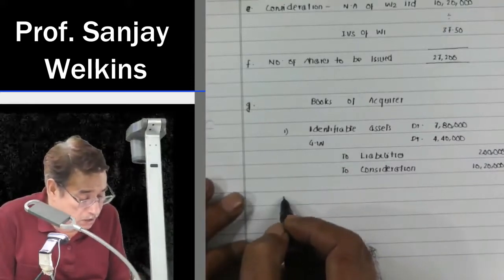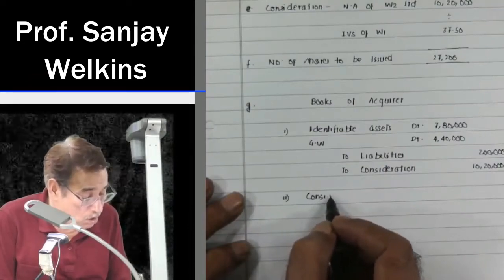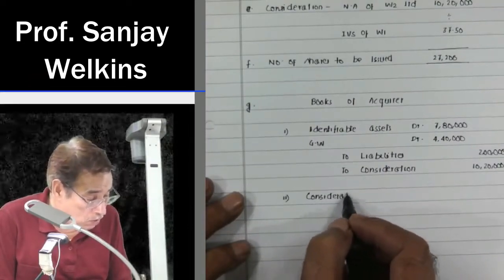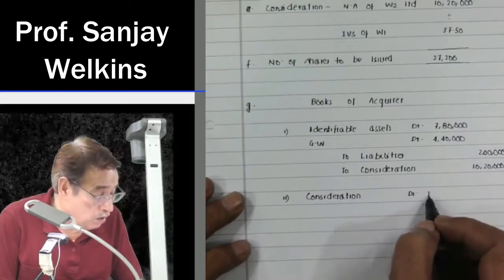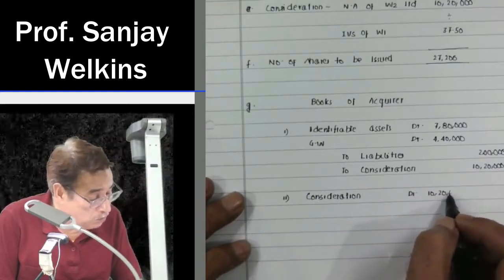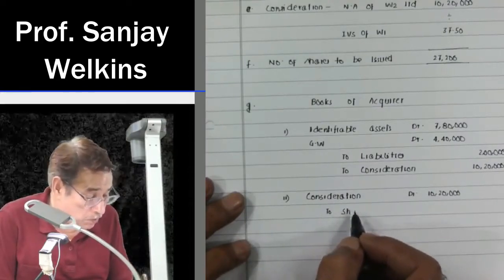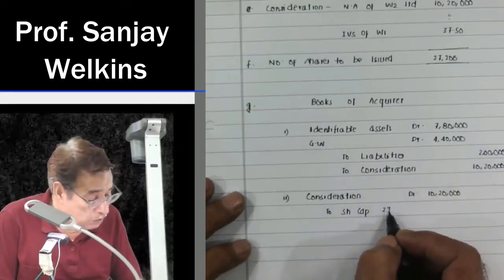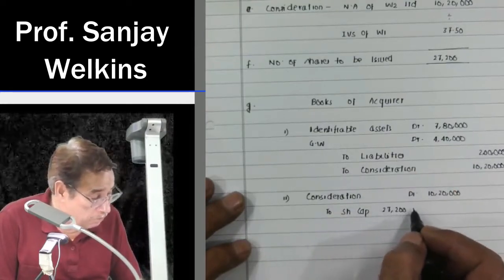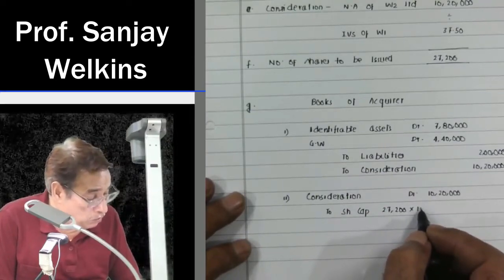Now, consideration. Consideration of 10,20,000 you are supposed to pay. In order to pay 10,20,000 share capital, you are offering 27,200 shares, and 1 share of your company is equal to 10.